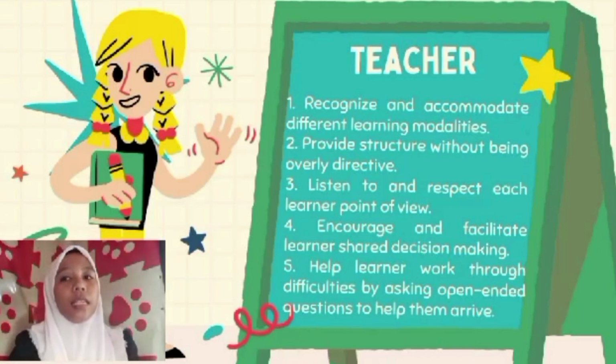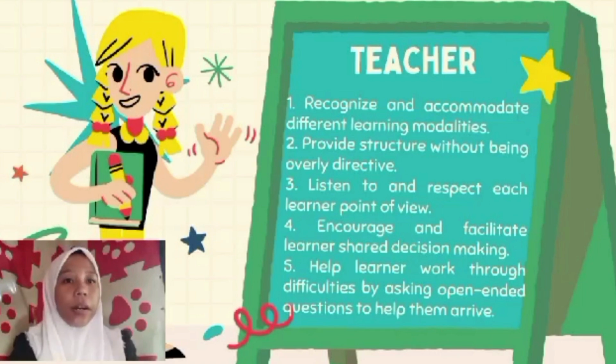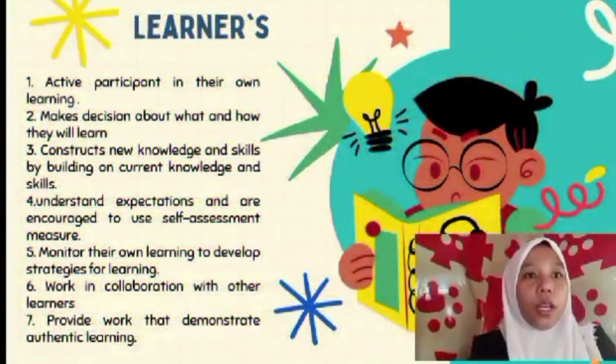Fifth is help learners work through difficulties by asking open-ended questions to help them arrive. In number 5, teachers need to help the student learner work through difficulties by asking open-ended questions to help them arrive.